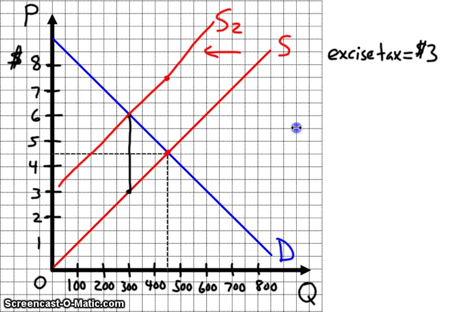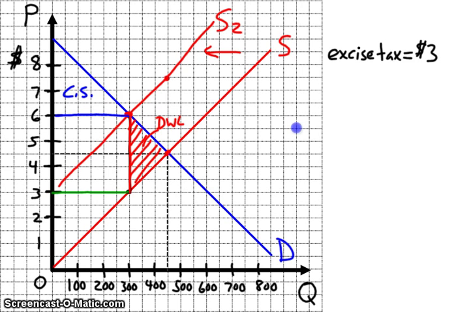So now that we've got that there, then of course this area is what we know as our deadweight loss, and then what we have to look at is that with the tax in place, the demand price up here at $6 means that our new area of consumer surplus is above $6 but below the demand curve, and the area of producer surplus is the supply price here of $3 after this tax.